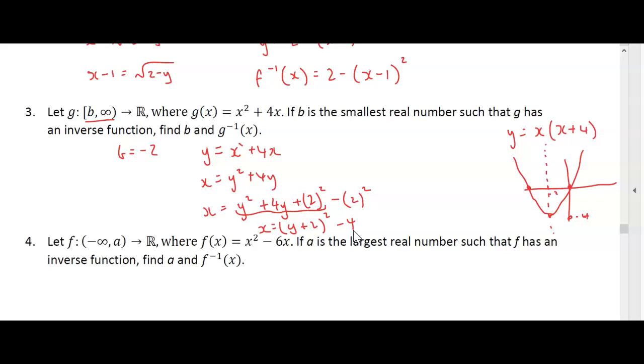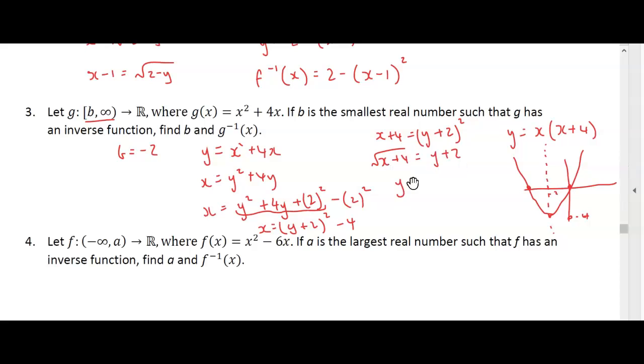The reason we do that is now instead of having two terms that contain y, we've just got y on its own. All right, so now we can bring that minus 4 over as plus 4. So x plus 4 equals y plus 2 squared. Take the square root of both sides.